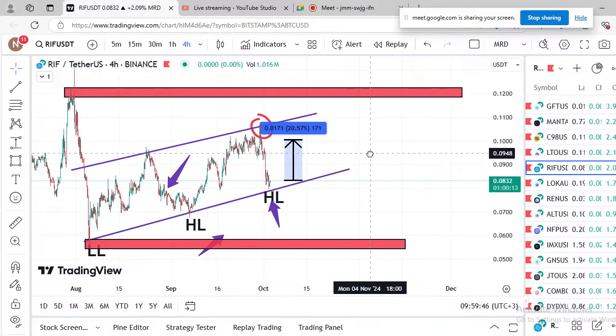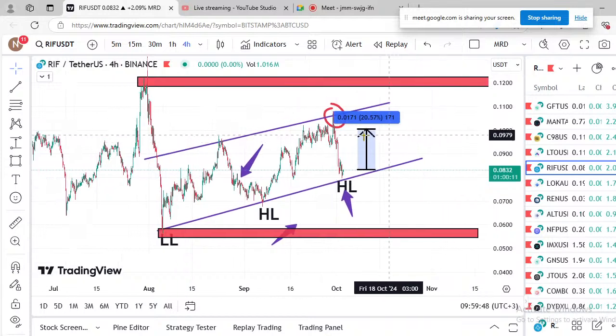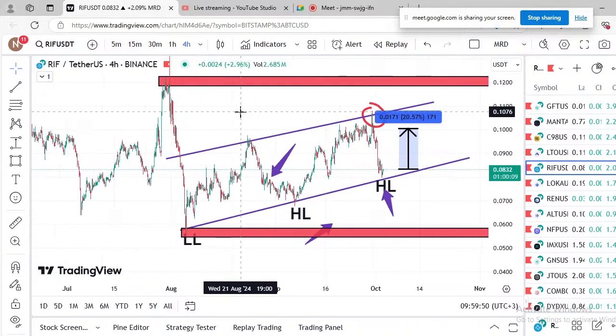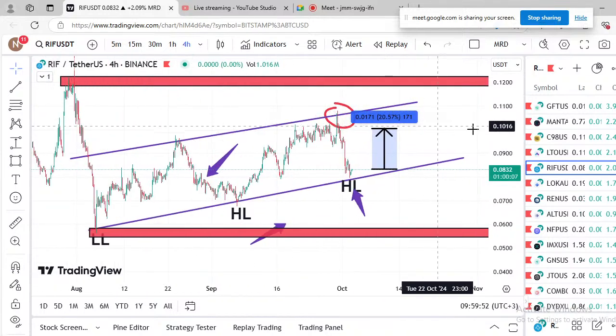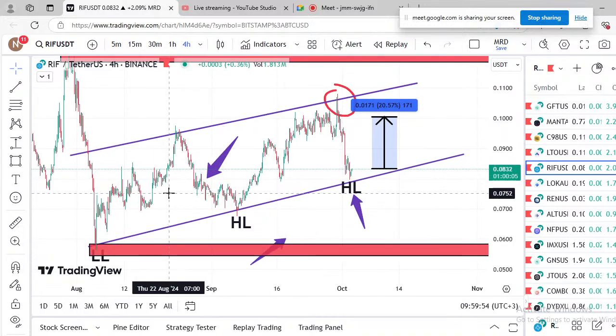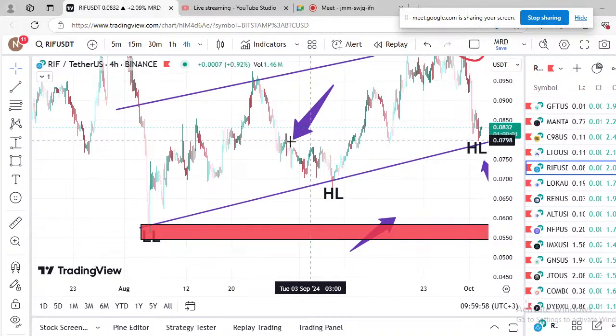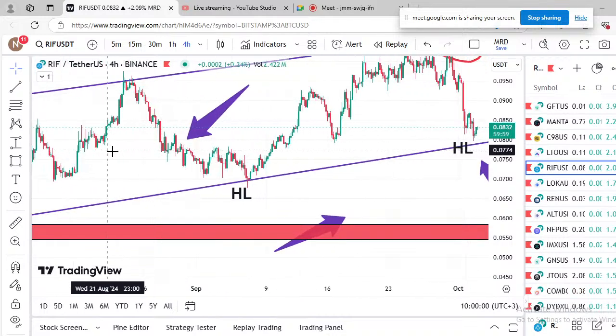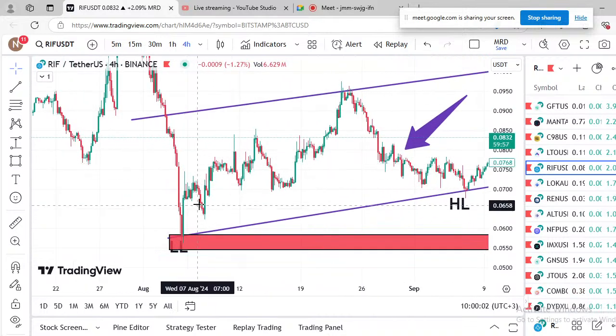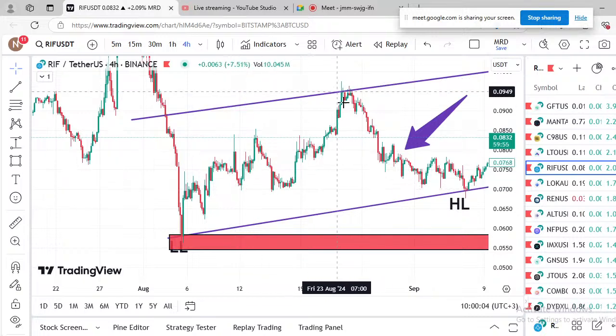Now, after understanding that, let me show you another thing. Now we zoom. I show you that within a trend there is another trend. This was a small uptrend, from here up to here.